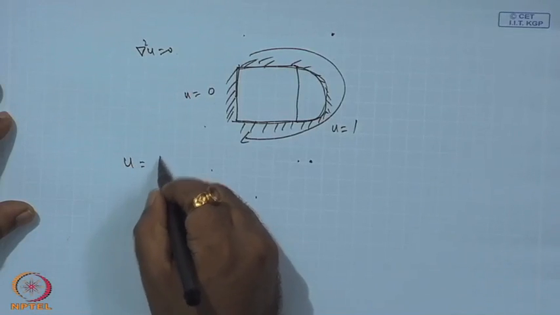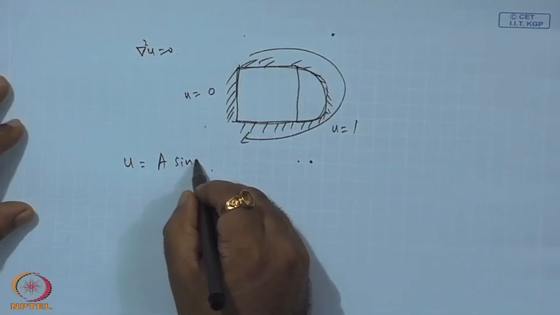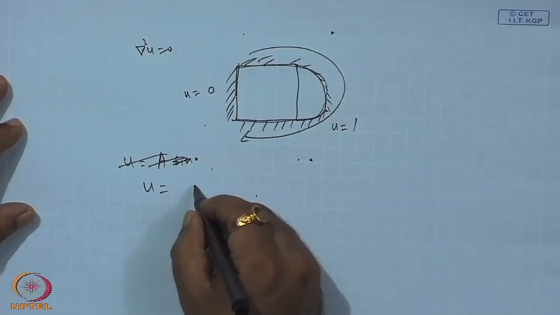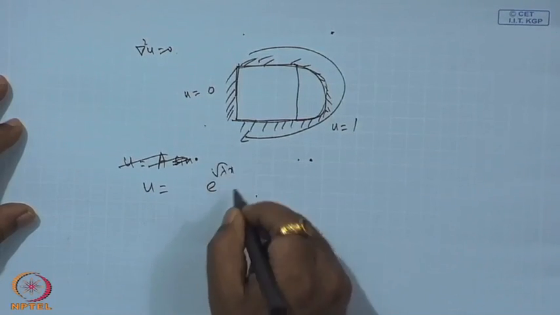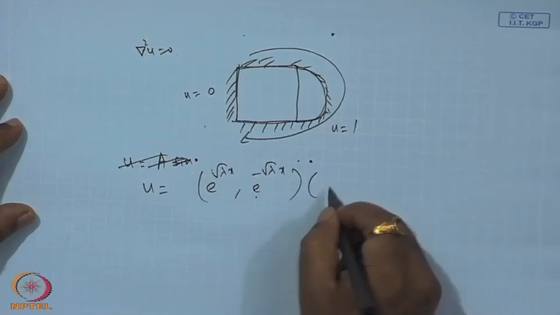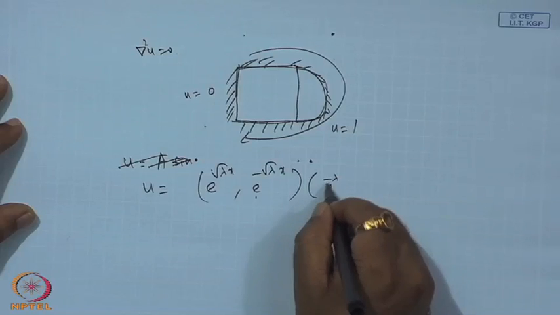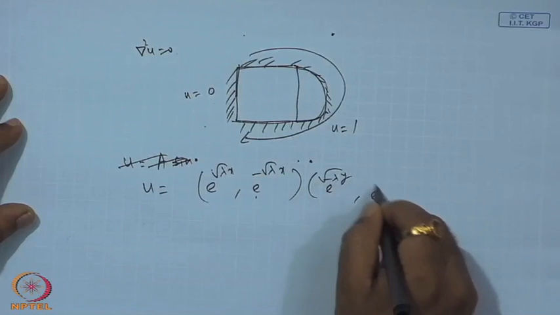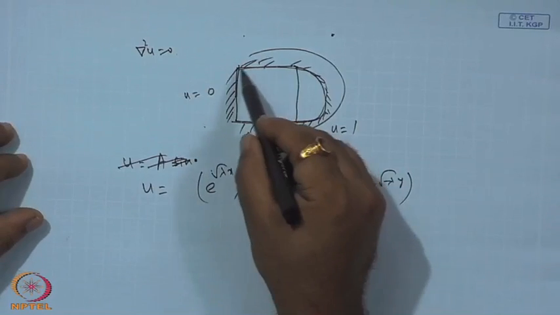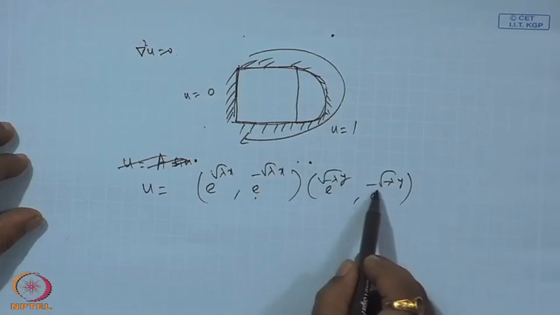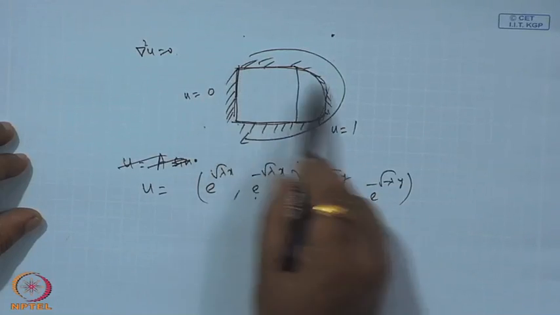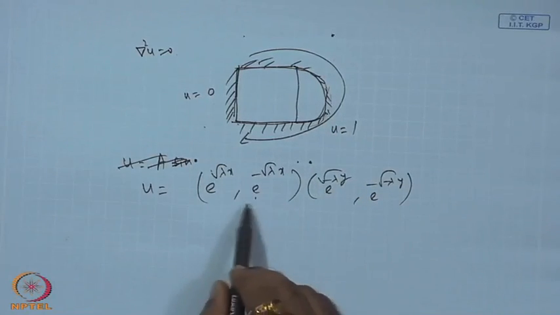Our solution consists of terms like e power root these terms, product with sines. So this line can be represented using the Cartesian coordinates, but there is no single equation. Okay. So, we will end up with the difficulties.